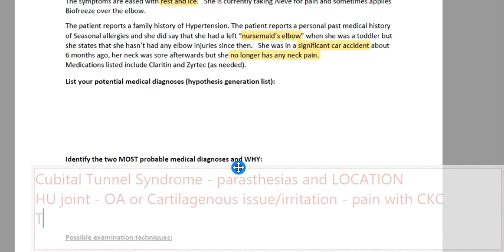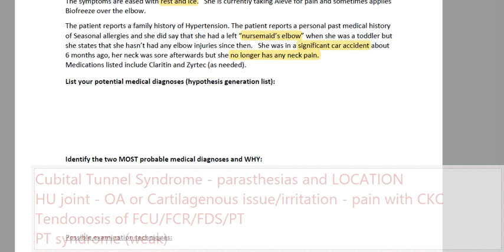Also, I still think a tendinosis is likely, so that's another good one: tendinosis of FCU, FCR, flexor digitorum superficialis, pronator teres maybe. That's another probable one as well, pronator teres syndrome. I'm not as high on that one just because of the distribution, so I'm going to say this is a weak one.